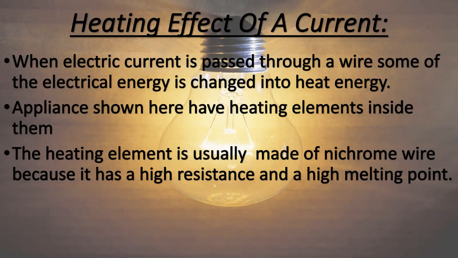The current is moving through the wire, but some of the electrical energy changes its form and changes into heat energy, and the wire becomes a little bit hot. Appliances shown here have heating elements inside them. I will show you some appliances.